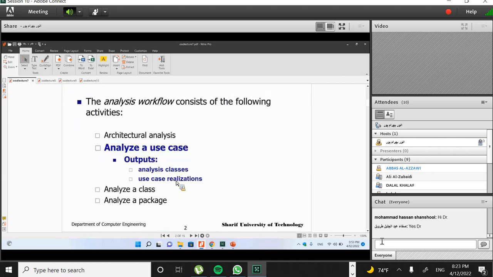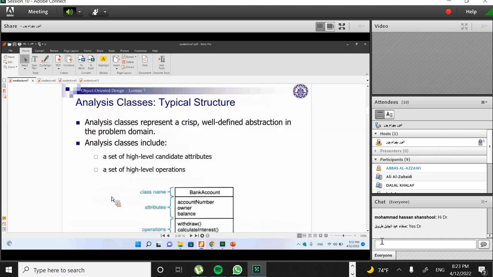So we should first of all define what analysis classes are. As you see in this slide, an analysis class represents a crisp, well-defined abstraction in the problem domain.